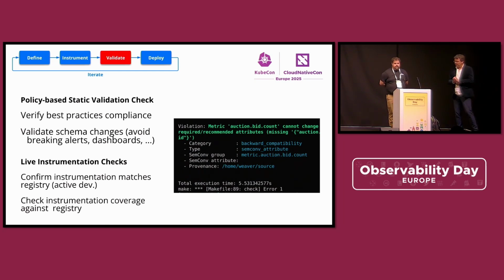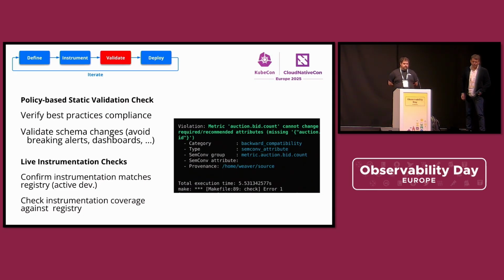That's really cool. Okay, so the next phase is to make sure that what we are doing is controlled with some kind of policies. And there are currently two types of control that we are implementing with Weaver. The first one is a policy-based static validation check. For that we are using Rego.